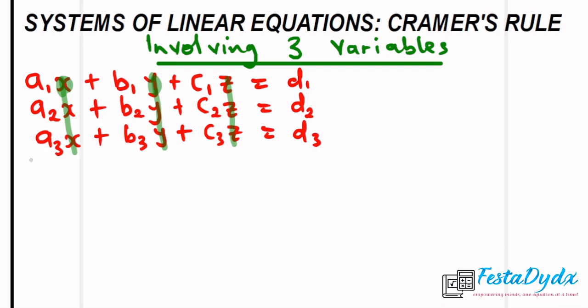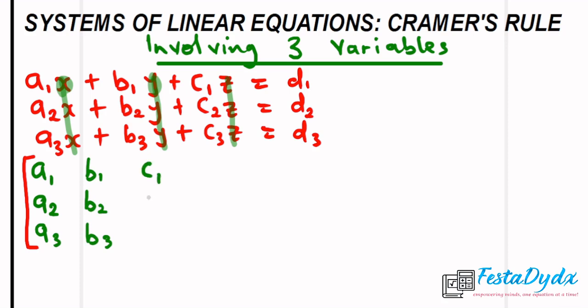So let's write that. For our matrix now, we're going to be having a1, a2, a3, then b1, b2, b3, and then the last one is c1, c2, c3. Then after that, we'll close this 3 by 3 matrix we've gotten.